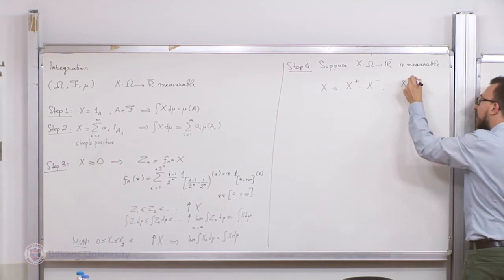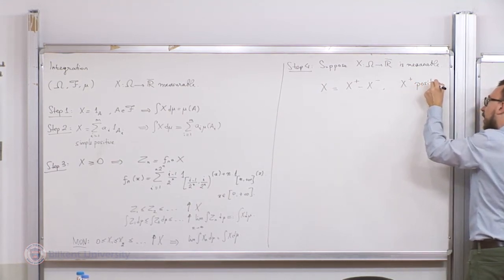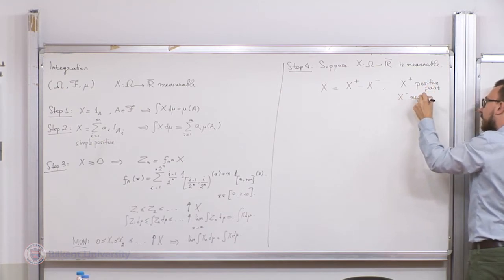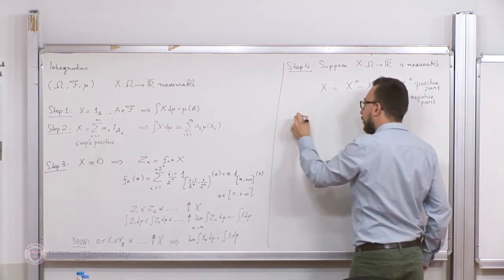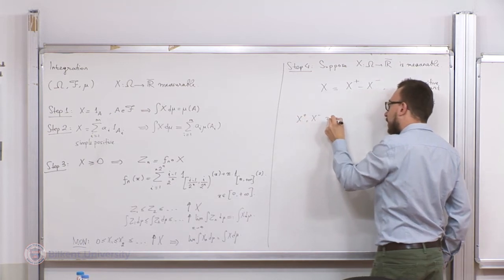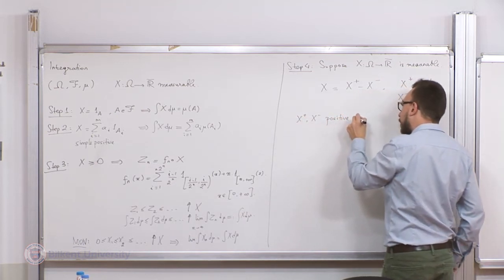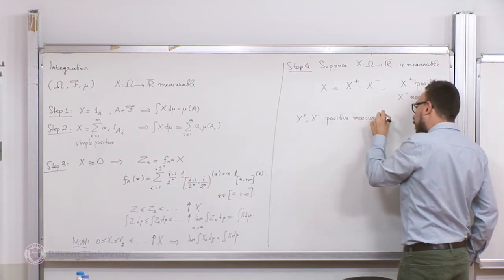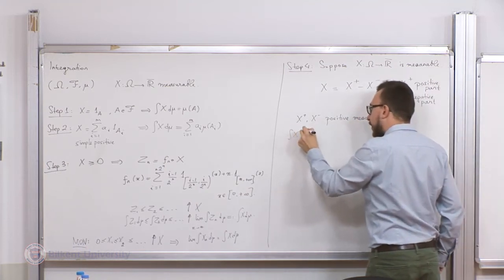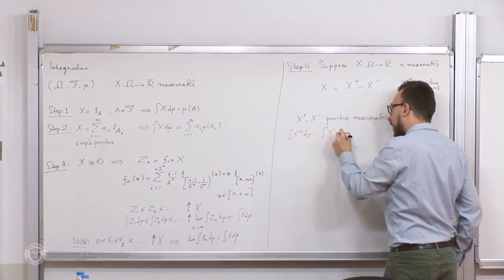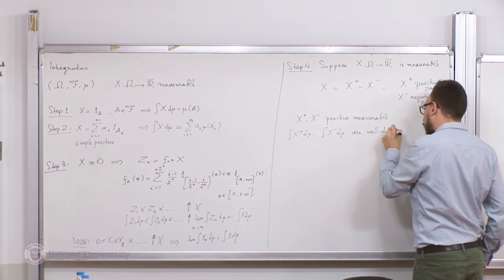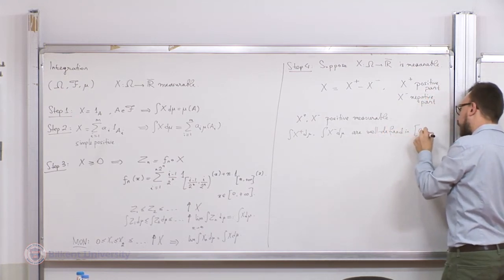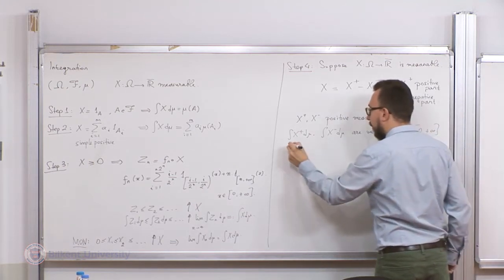Remember that x plus is the positive part of x, and x minus is the negative part of x. They are both positive measurable functions. Therefore, their integrals are always well-defined, in 0 to plus infinity by step 3.